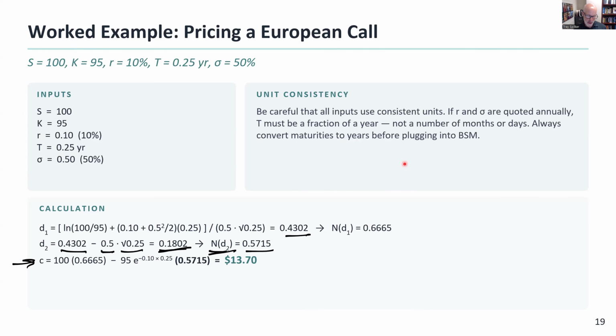So the share price today times N of D1 minus the present value of the strike price, e to the negative rT, times N of D2. And in our case, it's $13.70. So it's pretty easy. The hardest part, of course, is looking up the values for the cumulative distribution function evaluated at D1 and D2.